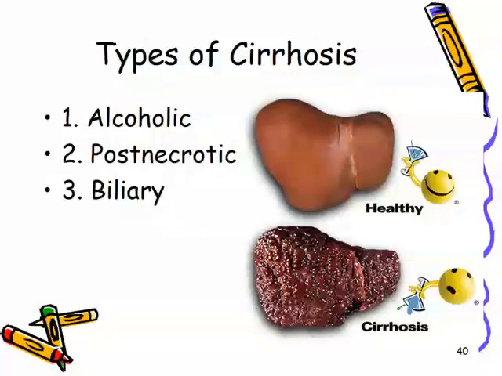This whole process can lead to portal hypertension, where there's obstructed blood flow from the portal vein, and it can also lead to varices of the esophagus, the stomach, and the rectum, splenomegaly, ascites, and also hepatic encephalopathy.